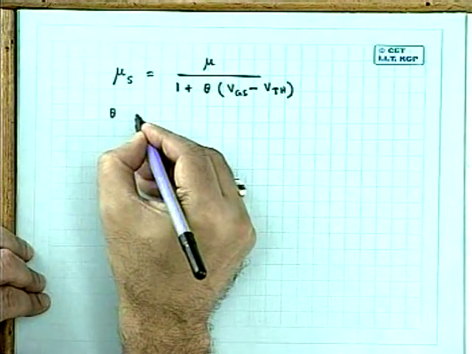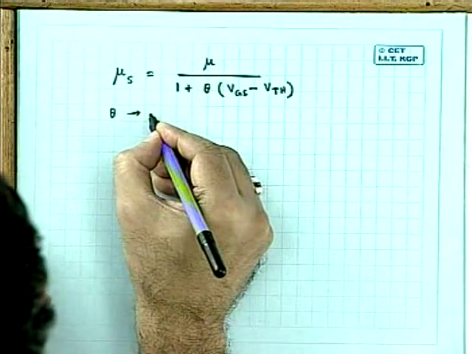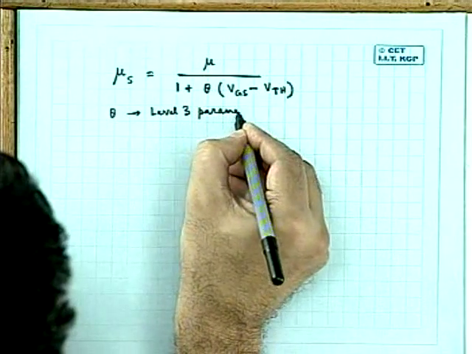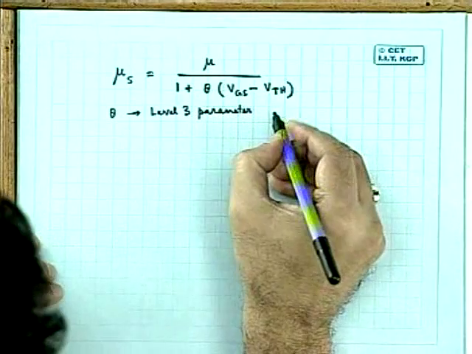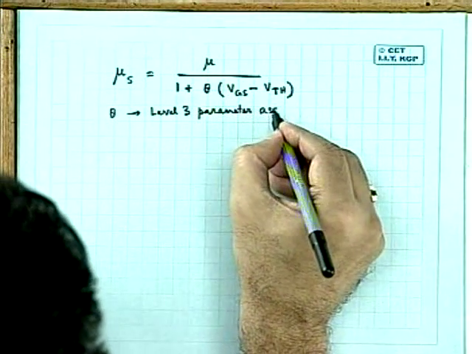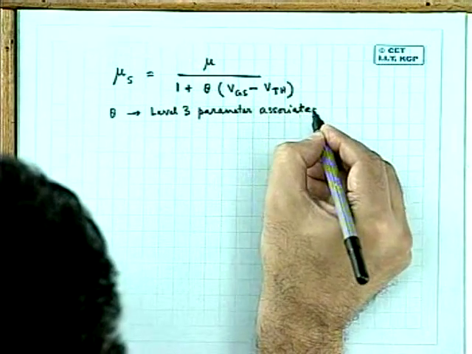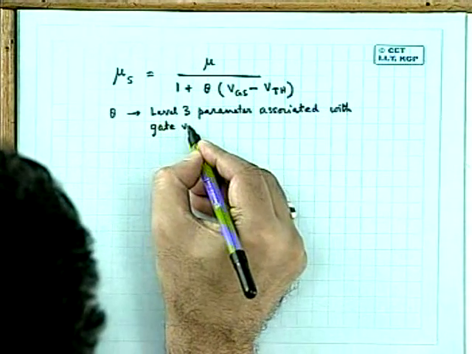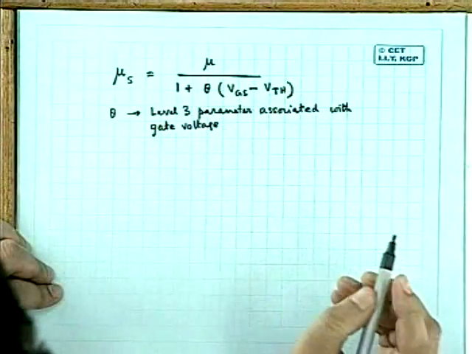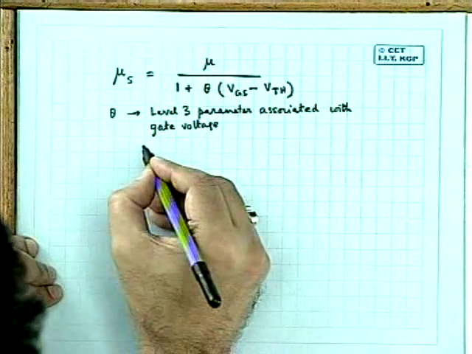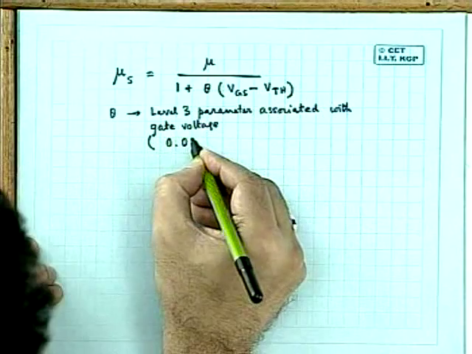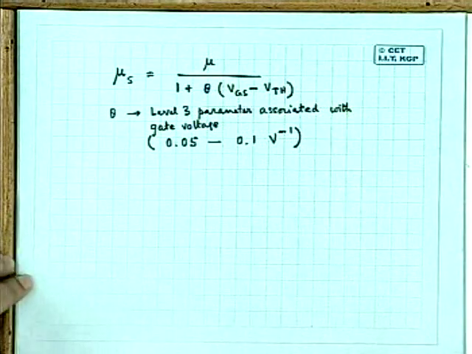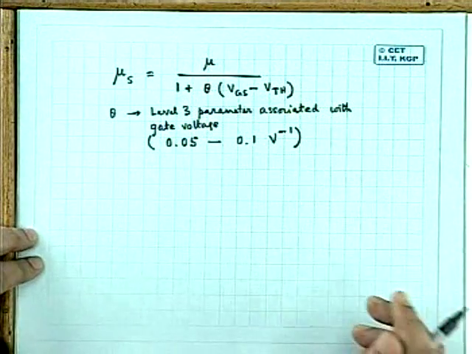Theta is a level 3 parameter associated with gate voltage, and its typical value lies between 0.05 and 0.1 per volt.